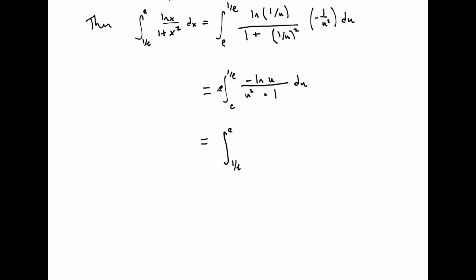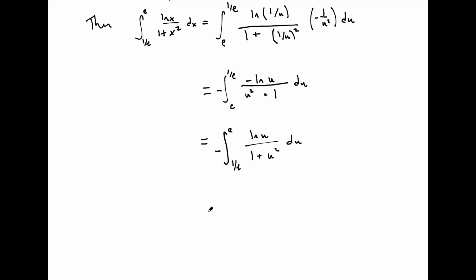The negative sign here I can use to reverse the order. Now I've still got this negative sign, so this negative sign I'm going to pop out front. And then I'll leave the inside alone. u squared plus 1 is the same thing as 1 plus u squared.